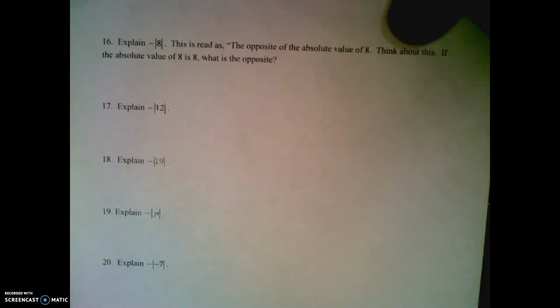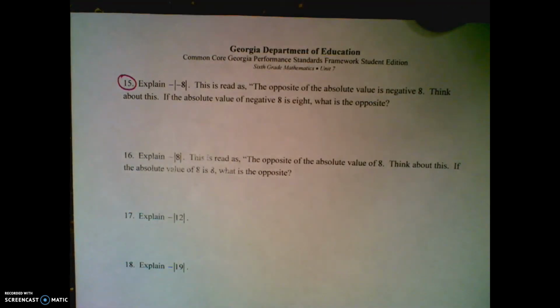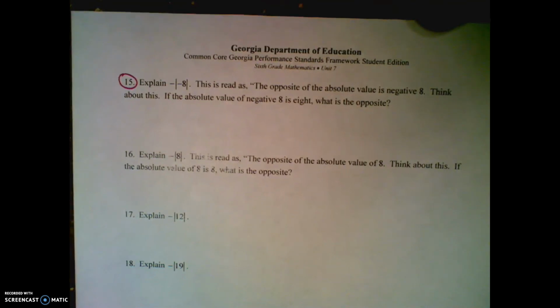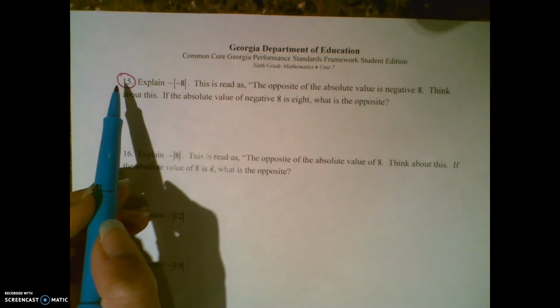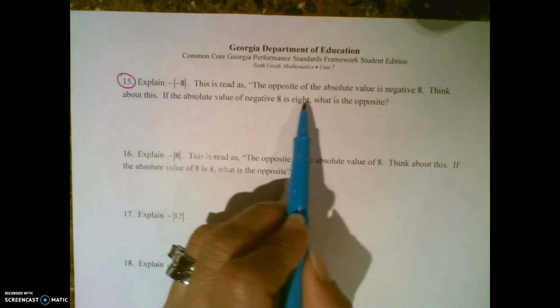And then finally, this last section, when we're done with this, you're going to again choose 2 problems from this page to complete. And we're going to do number 15 together. So it explains, we would read this, the opposite of the absolute value of -8.